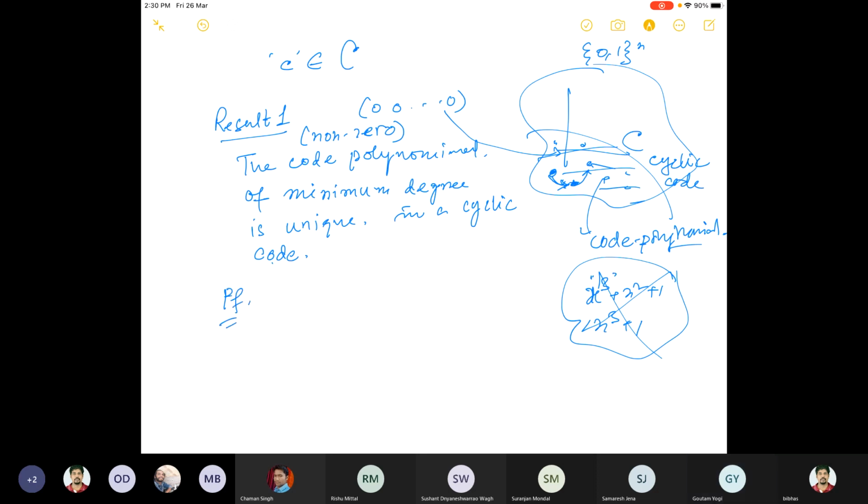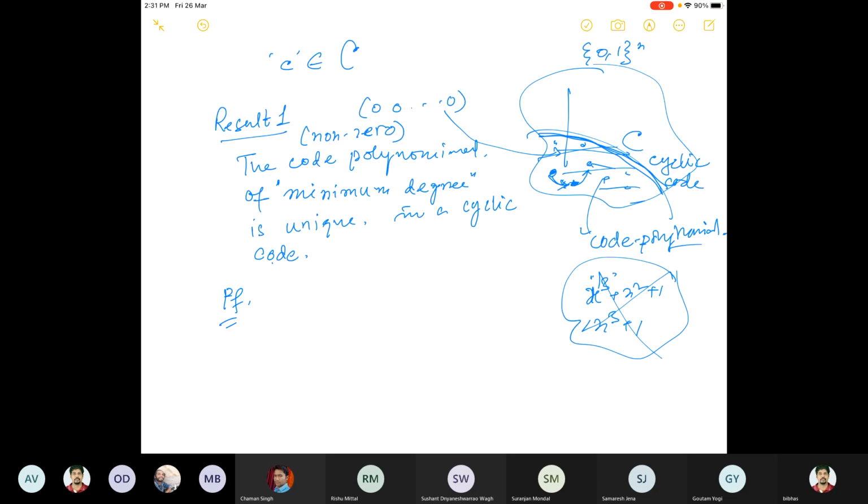Sir, will this polynomial be the minimal polynomial? No. Minimal polynomial is defined in the sense of a matrix. There is no matrix here. What we are saying is minimum degree. This is a set of polynomials. In this C, we are interpreting it as a set of binary sequences of length n, but we can have the corresponding representation of polynomials, the code polynomials corresponding to each of these sequences.